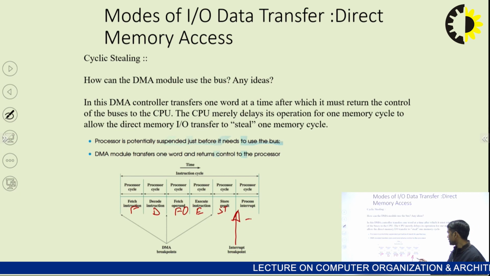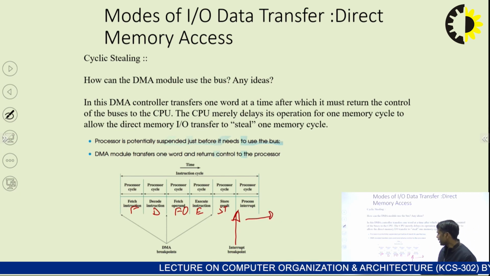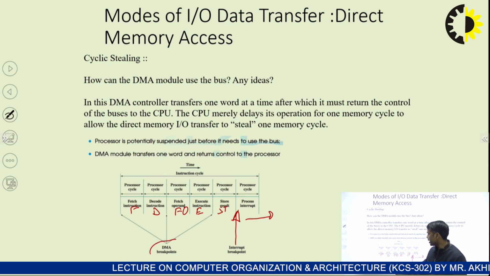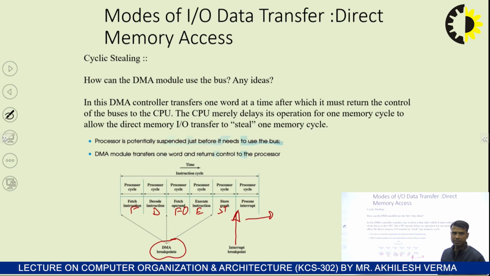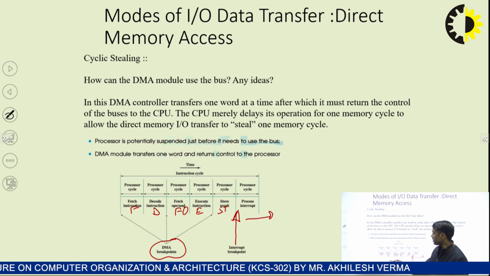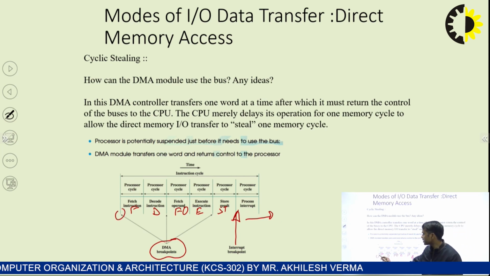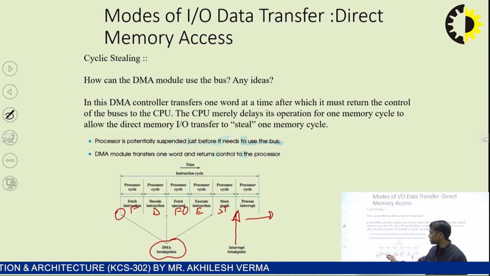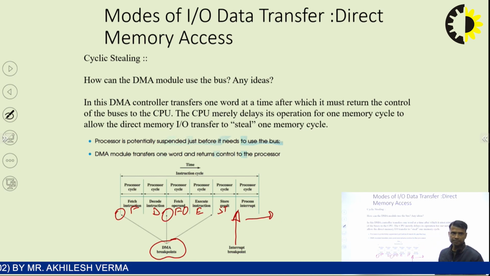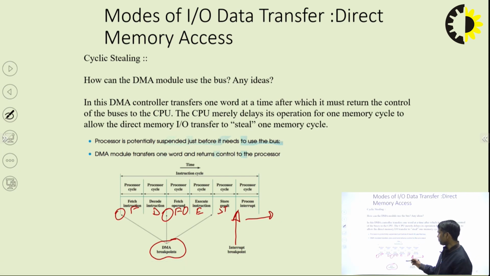After this, for the next instruction, there will be a DMA breakpoint, or a forceful cycle stealing by the DMA. At the start of the next instruction, there will be cycle stealing, and when 2 processor cycles like fetch and decode have been performed, a DMA cycle is forcefully taken by DMA from the processor.